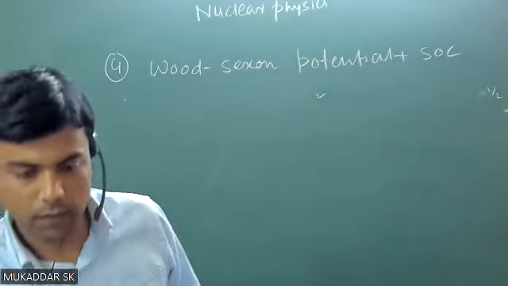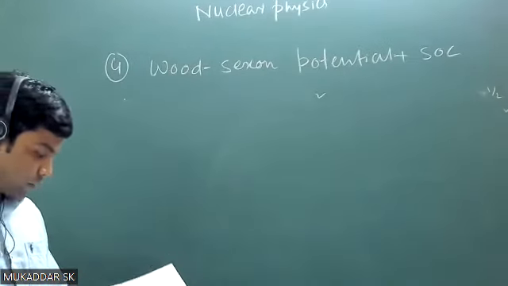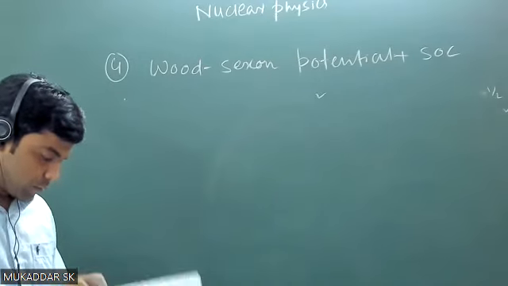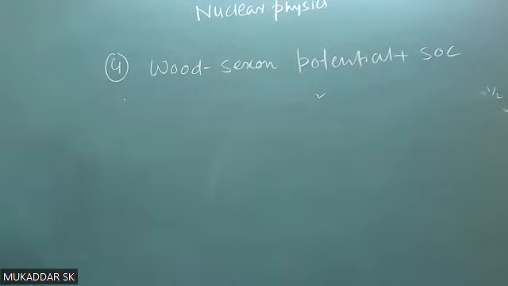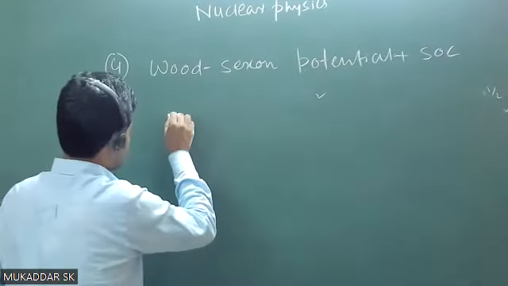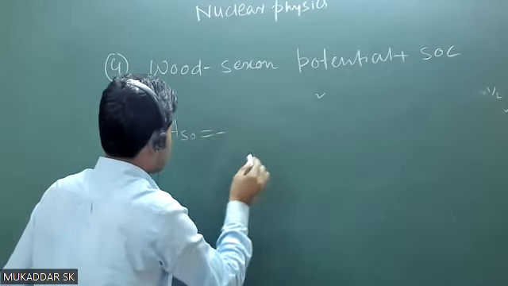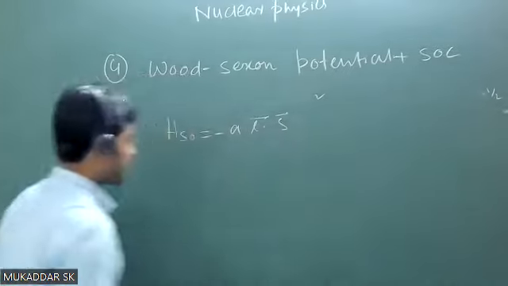Okay, I'll give that also. Suppose your spin-orbit coupling is given for a nucleus. H_SO is given for the nucleus, that is A l·s.